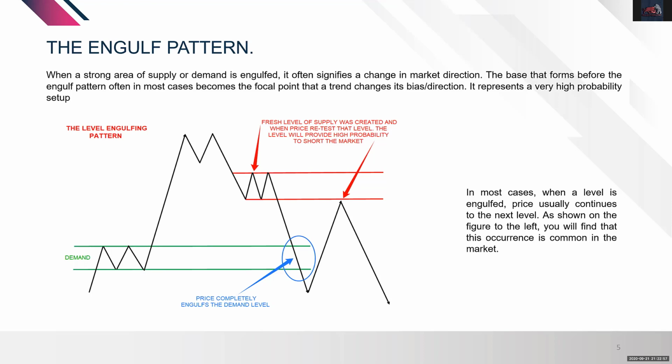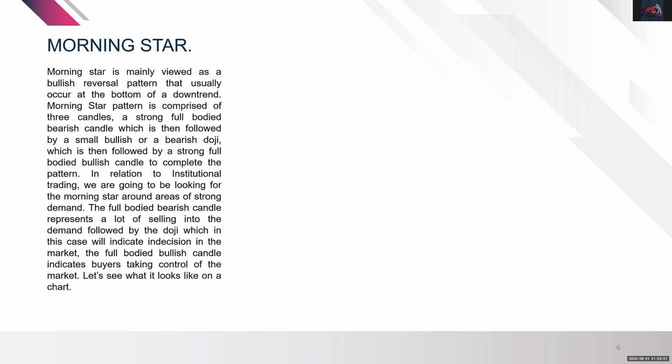Now, regarding a Morning Star, a Morning Star is mainly viewed as a bullish reversal pattern, right? A bullish reversal pattern means you are going to be looking for long trades.